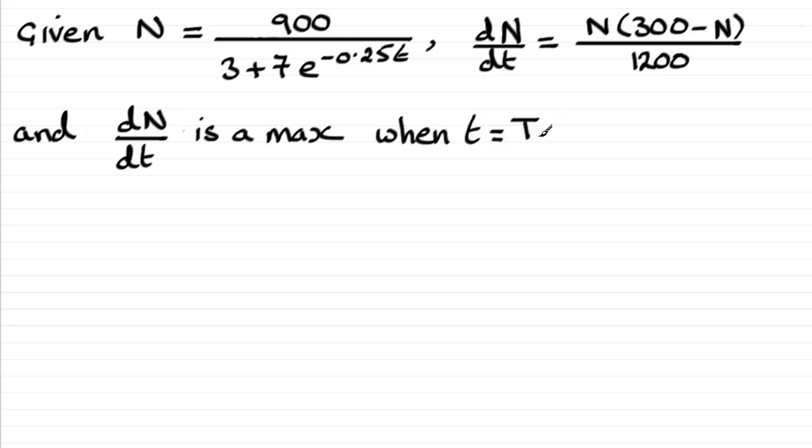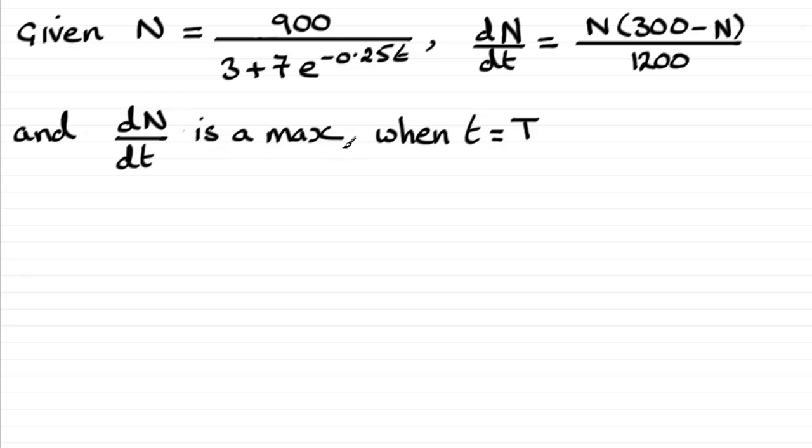And with this question, it's very tempting to put dn by dt, that rate of growth, equal to 0 and solve for n. Don't go down that avenue, because it's not dn by dt that equals 0, okay? That would only apply if we were told that n was a maximum after t months. That's when we would write dn by dt equaling 0. No, we're being asked to find that value of t when dn by dt is a maximum.